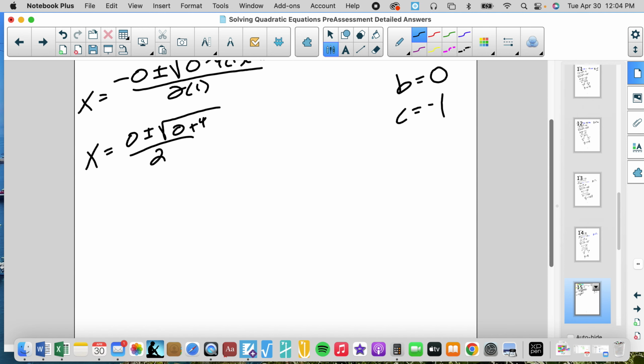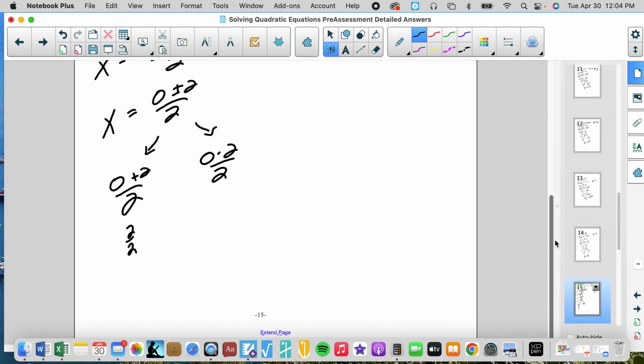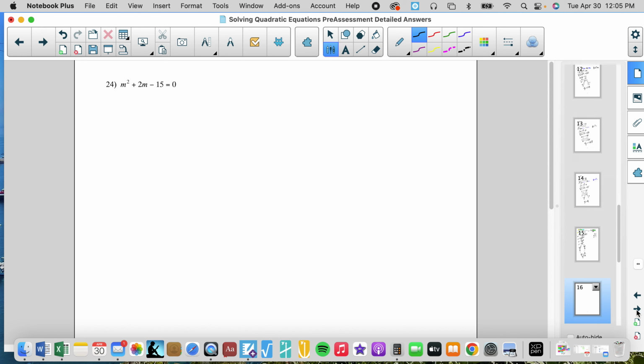X equals 0 plus or minus square root of 4 over 2. X equals 0 plus or minus 2 over 2. So we get two statements. We get 0 plus 2 over 2, and we get 0 minus 2 over 2. That's 2 over 2, which equals 1. This is negative 2 over 2, which equals negative 1. So my solution is going to be negative 1, positive 1, or plus or minus 1. I don't mind either way.